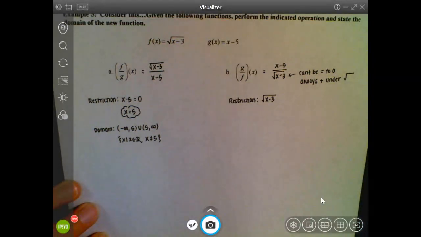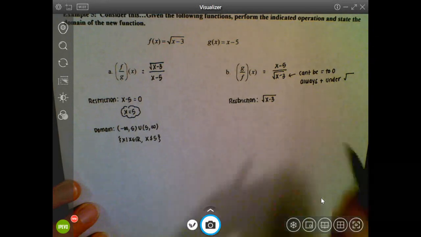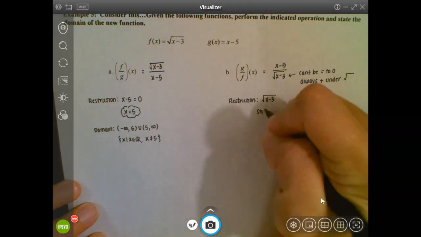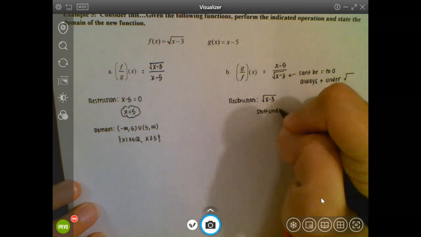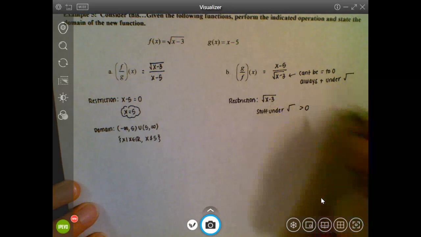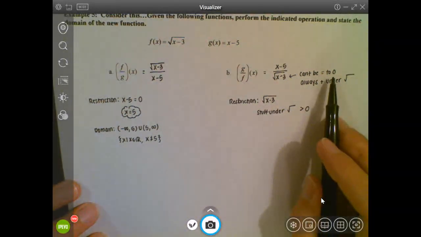So how do we get that? How do we get something that can't be equal to 0 and we need to make sure that it's always positive underneath the root? Well, in this case, what that's going to tell us is that the stuff under the square root has to be greater than 0. So it can't be equal to 0.